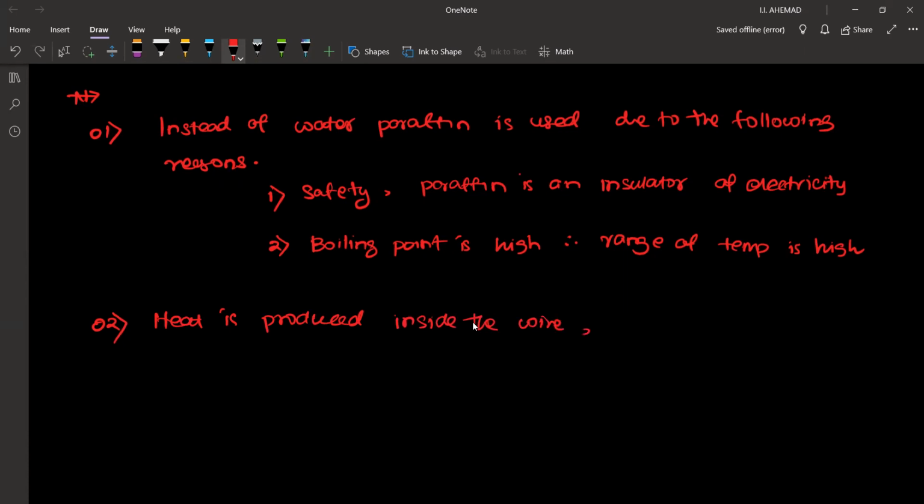Therefore, the surface temperature of the wire and the core may be different.